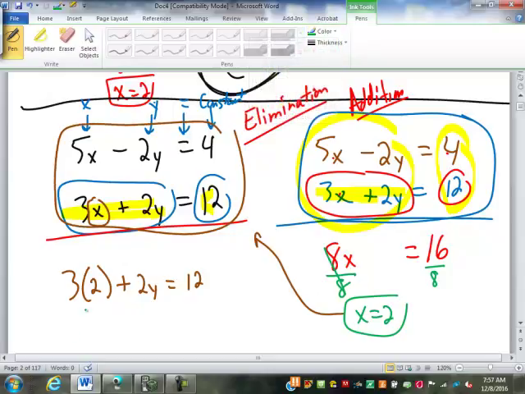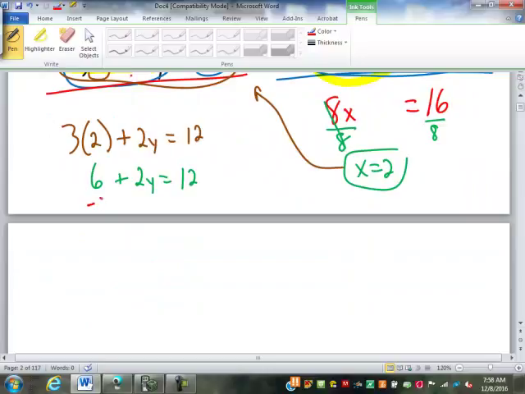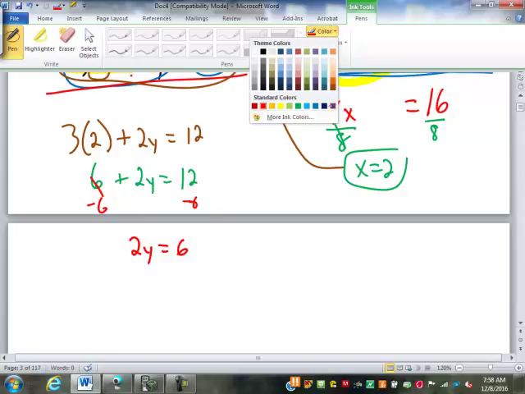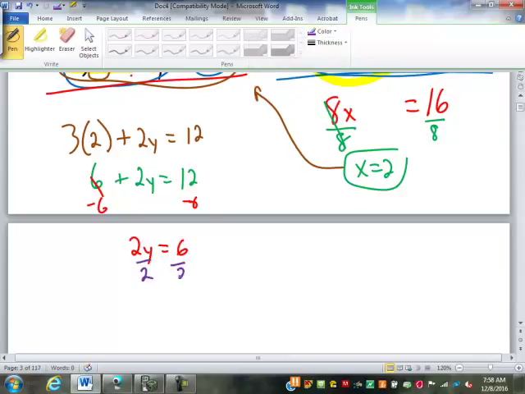It doesn't matter. 3 times 2 is 6 plus 2y equals 12. The only reason I chose the bottom one is because there's a negative up there, and negatives tend to confuse people, so I avoid it. So I'm going to subtract 6. 2y equals 6. And divide by 2. So y equals 3.